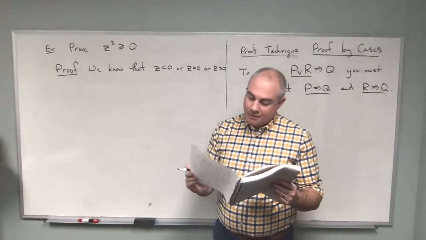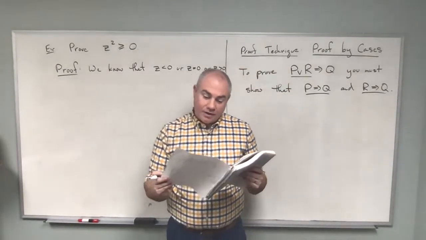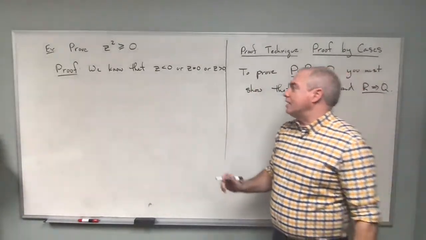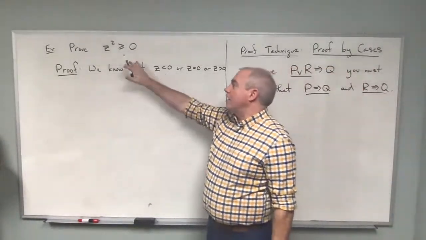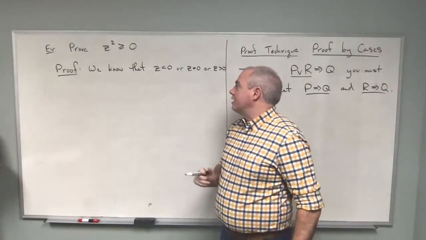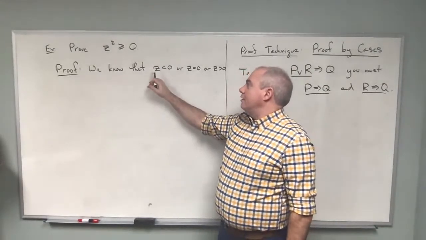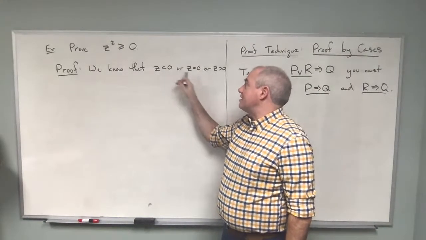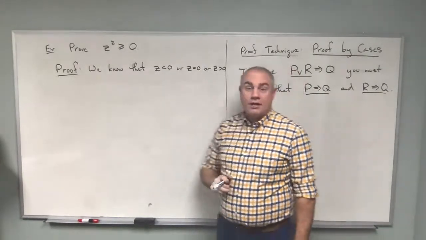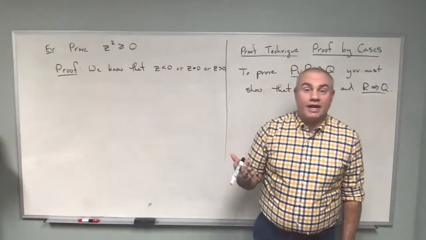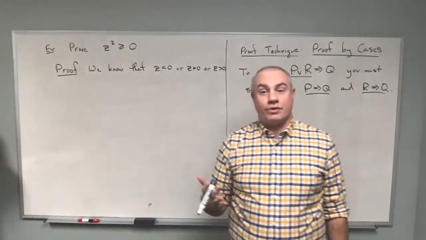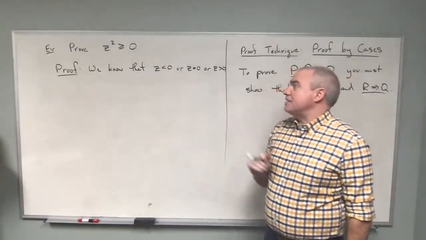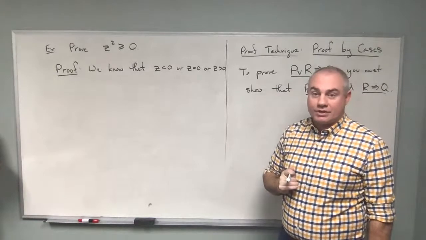Oh, I guess we don't have an axiom for this one, but we do know that this is one of the axioms of the real numbers, that if you have a number and 0, then it either has to be less than, equal to, or greater than that other number. So we know that has to be true. It has to be one of those 3 situations. So given that, I want to prove that z squared is always greater than or equal to 0.